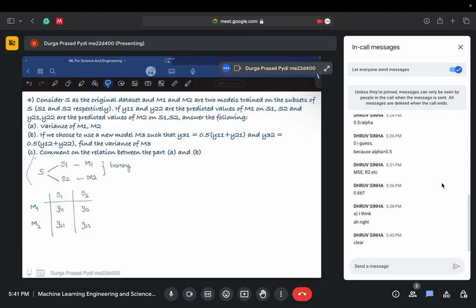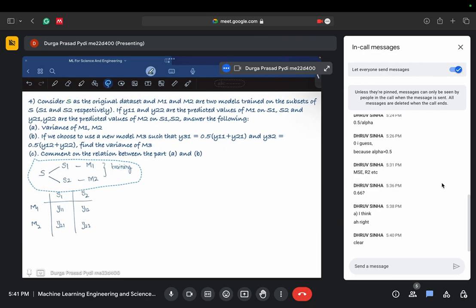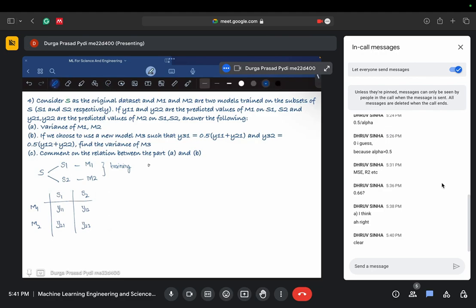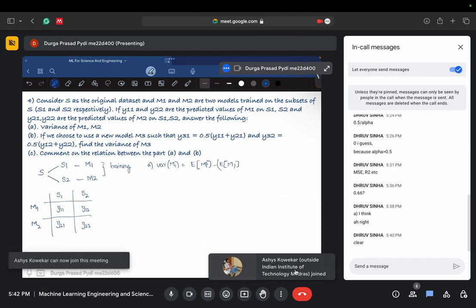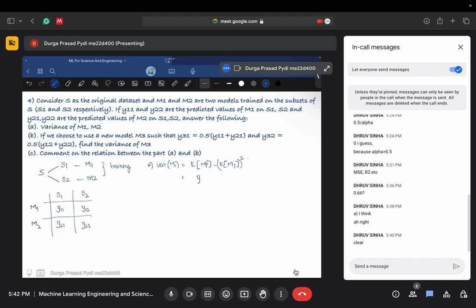So what is the first part? The first part asks you to find the variance. What is the variance of model M1? How do you calculate variance? It is basically the expected value of the squared deviation from the mean. You just have two points, so it will be straightforward here. The mean will be (Y11 + Y12)/2.